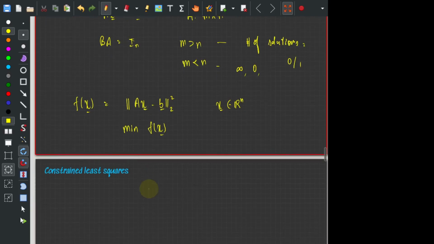Do any of you recall what the solution to this is? It's the pseudo-inverse, so in terms of A, do you have an expression for the pseudo-inverse of A?